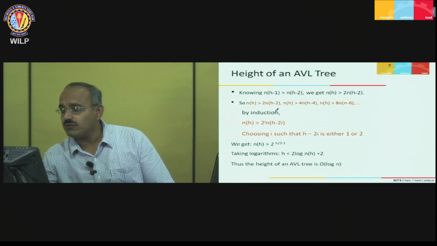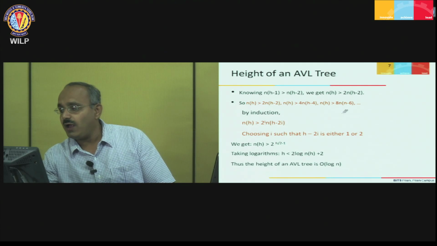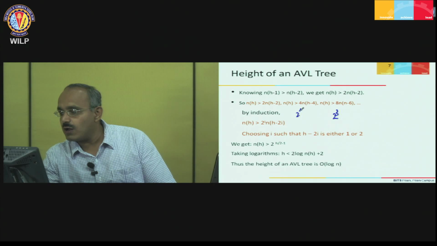As I move from h to h minus 2, you get a factor of 2 here, and as we move from h minus 2 to h minus 4, this factor moves to 4, and as we move from h minus 4 to h minus 6, this actually becomes 2 cube. This is 2 squared and this is 2 to the power 1.